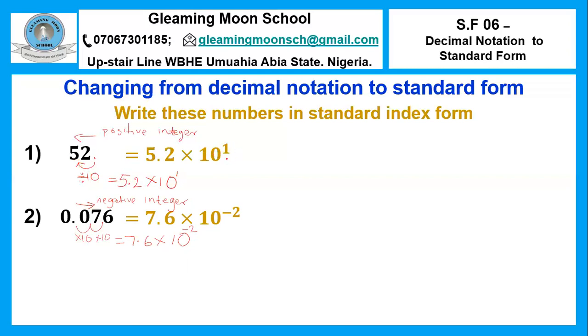So in this case, we moved our decimal point once by dividing by 10 once, and we went to the left. And so our power of 10 is a positive 1. And in this case, we moved our decimal point 2 times to the right, which means we multiplied by 10 2 times. And because we've moved it to the right, our power is a negative integer. And that is why we have times 10 raised to the power of negative 2.